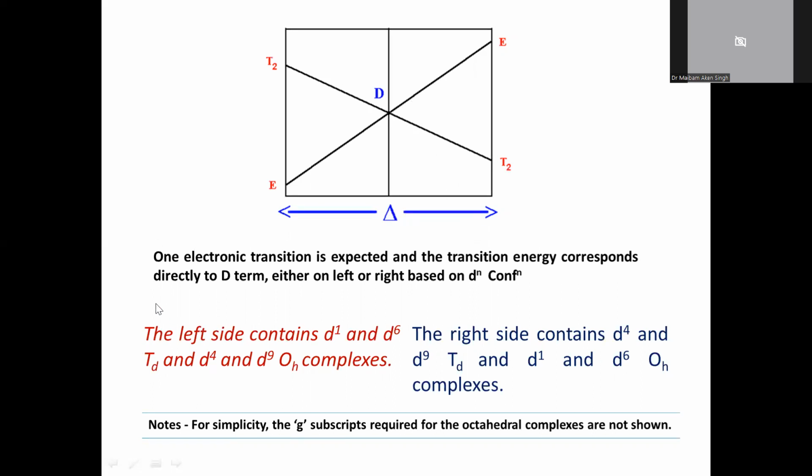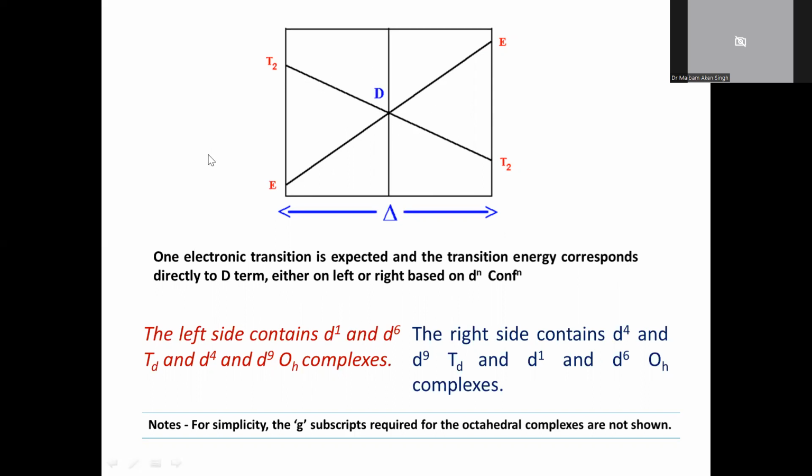In the left wing, one electronic transition is expected. Means in this case, only one electronic transition will happen, suppose, E to T or T to E. This is removal of G or adding of G. We can get octahedral after adding the G; after removing the G, you'll get tetrahedral.